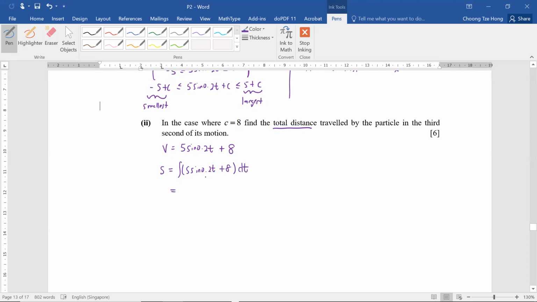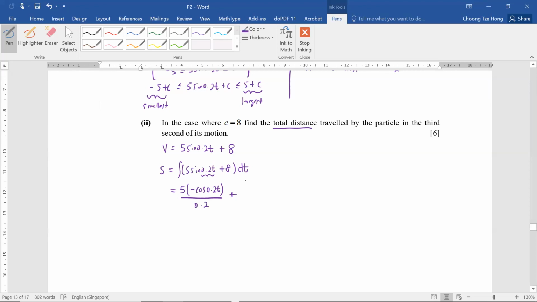So we integrate sine, you will get negative cosine, right? So you have 5 negative cosine 0.2t. Then we'll use the chain rule: differentiate 0.2t, you will get 0.2, and then you divide by 0.2.